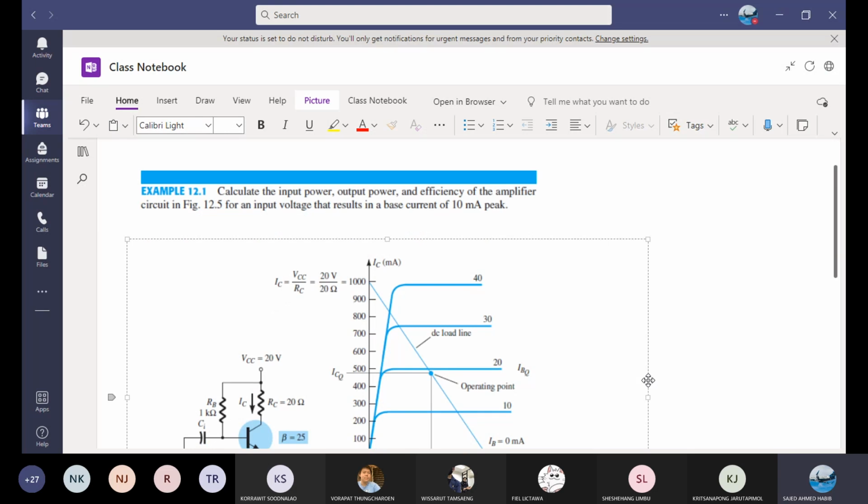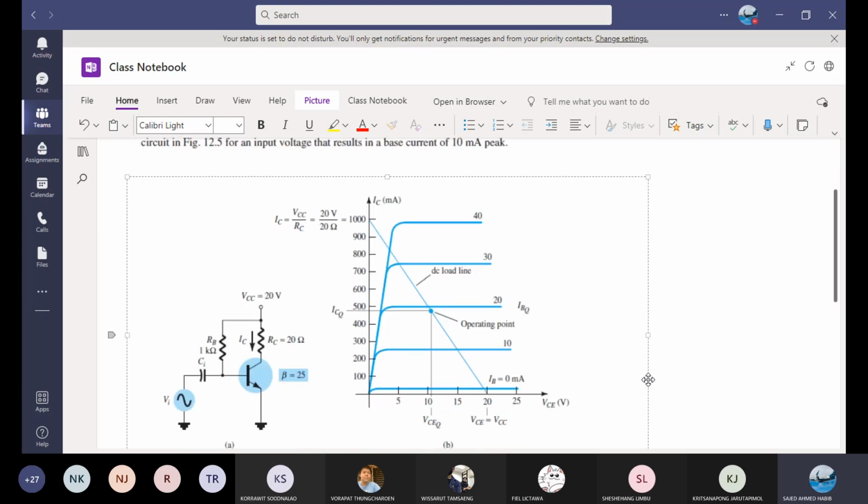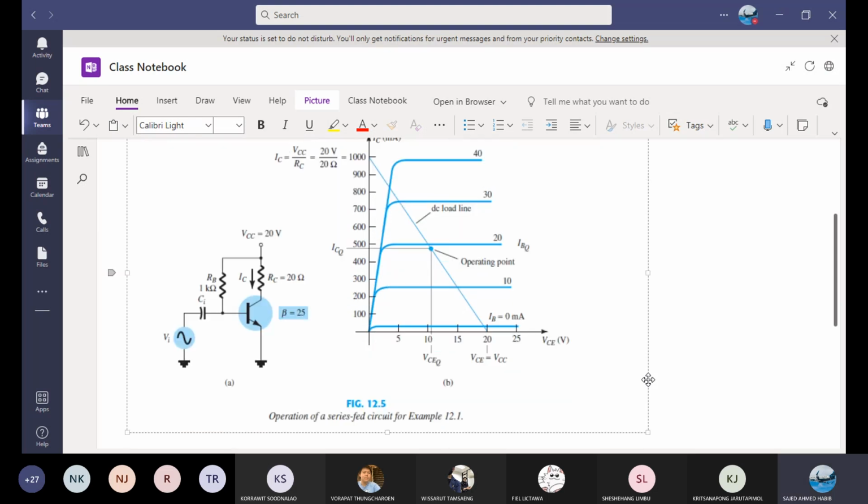What is the formula for PI? VCC times ICQ. In order to find ICQ, you need IBQ. We have the beta value of 25, so ICQ will be beta times IBQ. For the output power, the formula was given as VCE peak-to-peak squared over 8 RC, but we don't need that.